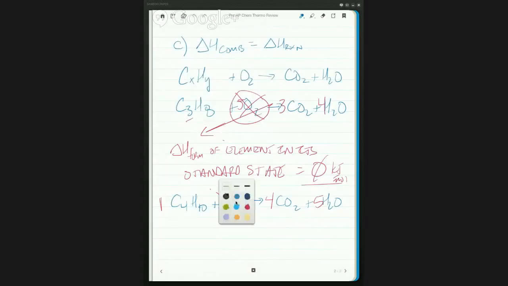Why don't I just write out what that would look like. That means that the delta H of combustion for this one is going to be equal to the products. So you have 4 times the delta H of formation of CO2 plus 5 times the delta H of formation of H2O, right? Minus the 1 times the delta H of formation of C4H10.